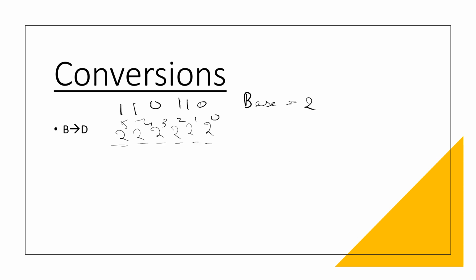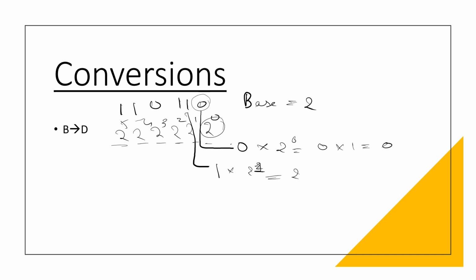Now how do we find out what the decimal value of this will be? It's pretty simple. We go by multiplying this binary digit with the value here. So this will become 0 into 2 to the power 0, which is nothing but 0 into 1 is equal to 0, right? Then over here we have 1 into 2 to the power 1, right?